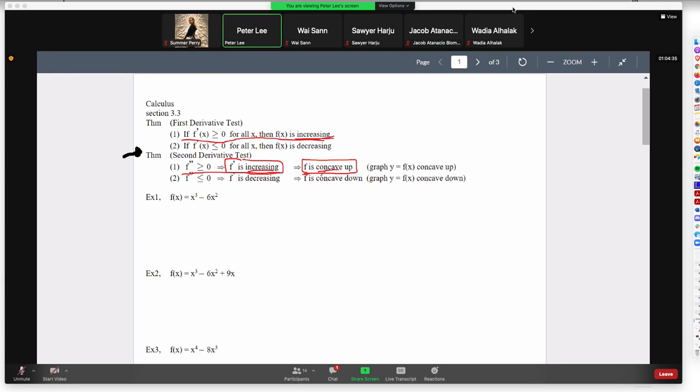So some terms are more graphical, and some terms are more algebraic. Again, this increasing is an algebraic term, more than a graphical term. It's also a graphical term as well, but basically it's an algebraic term. But this concavity or concave is a graphical term. So we have a mix of algebraic terms and graphical terms.